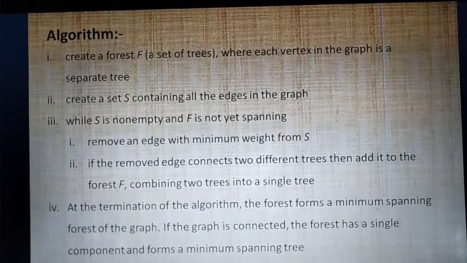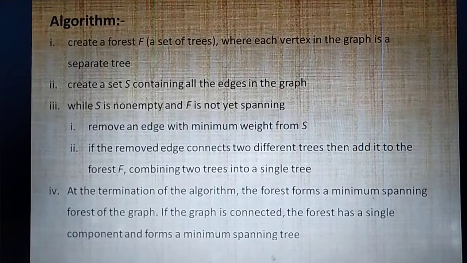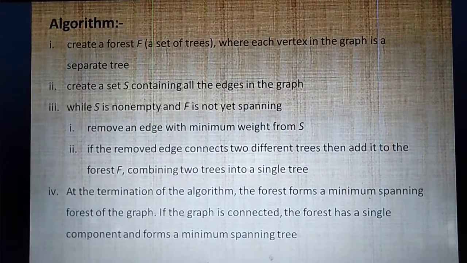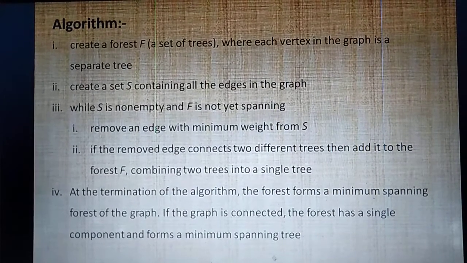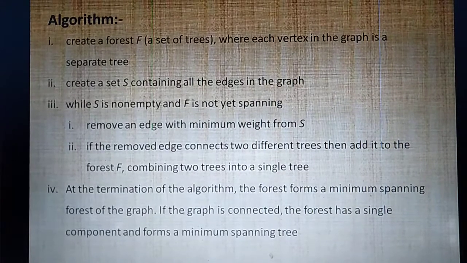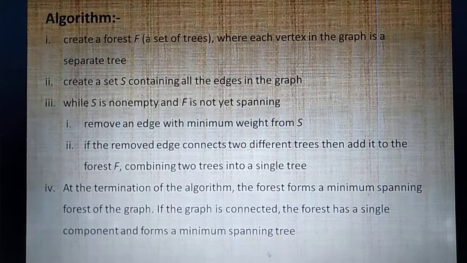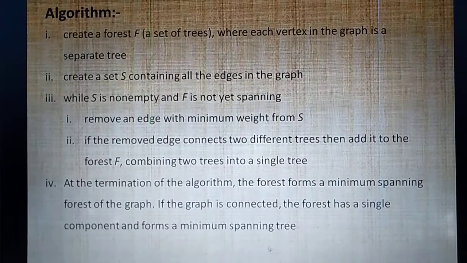Here I have written the statements of Kruskal's algorithm. Because you know very well that our algorithms are always simple English statements which represent the steps that you need to perform.